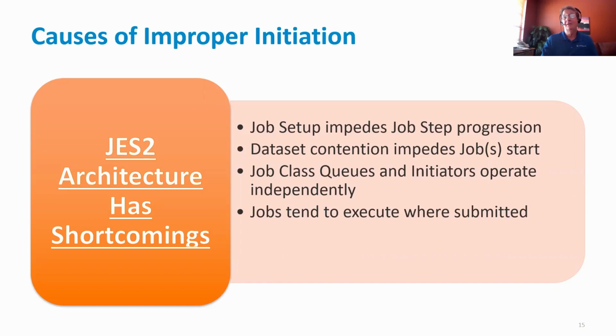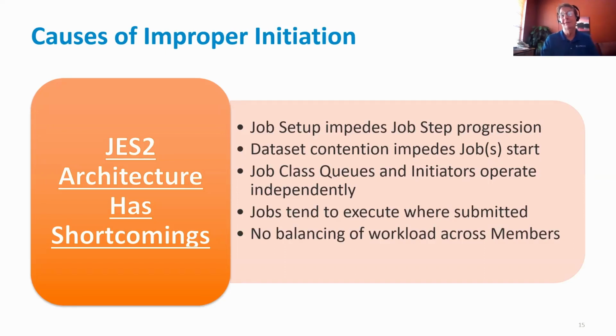Jobs tend to execute on the system where they are submitted. So, you got a job scheduler, it's dumping jobs usually on one LPAR, and that LPAR tends to get overloaded. Okay. Which leads to out of balance situations. You have multiple LPARs and you have one in feast and one in famine.